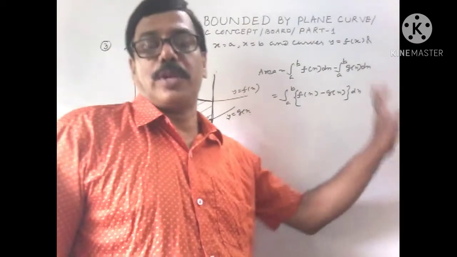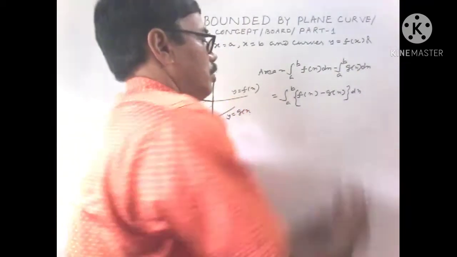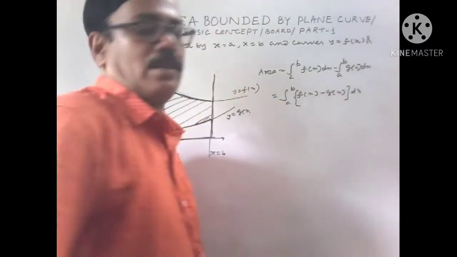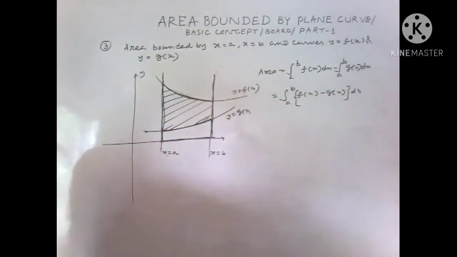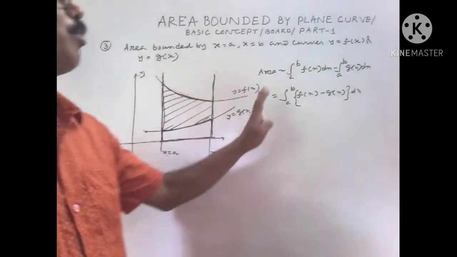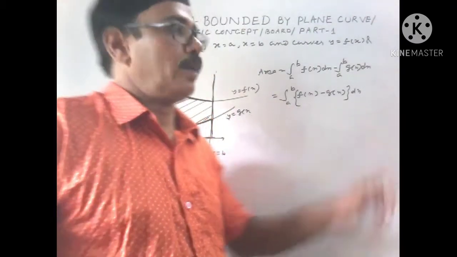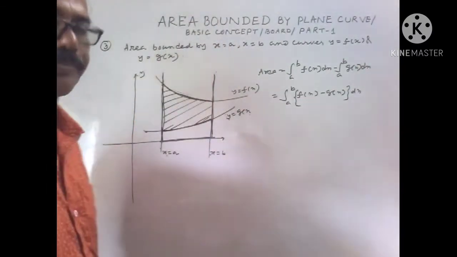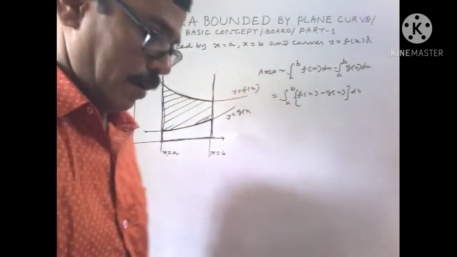Otherwise, we have to take the modulus of fx minus gx, then the total modulus. So this is the rule of finding area bounded by two curves and two ordinates. Now, application.